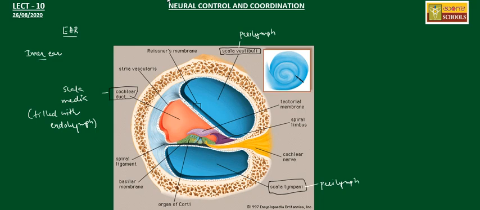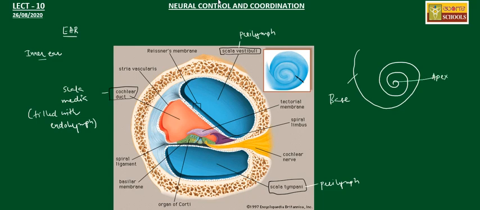Here, I told you that this will be the base portion. When we see the coiled portion of the cochlea, this will be the base, where you will find the oval and round windows, and this is the apex.